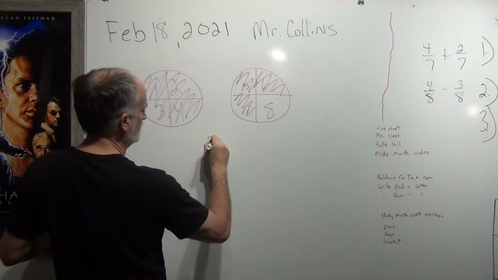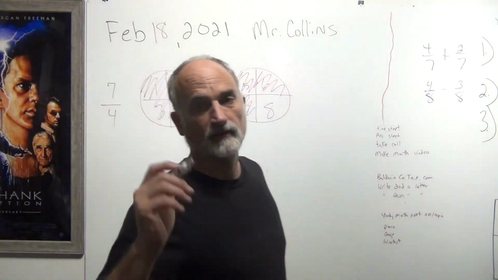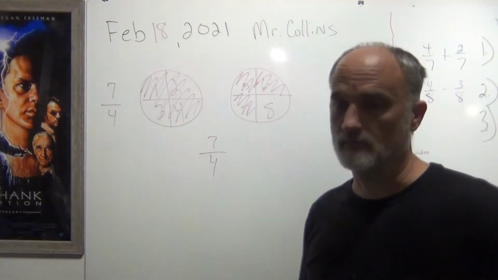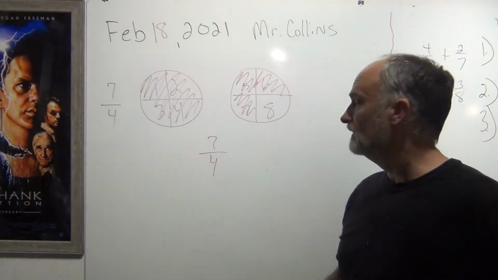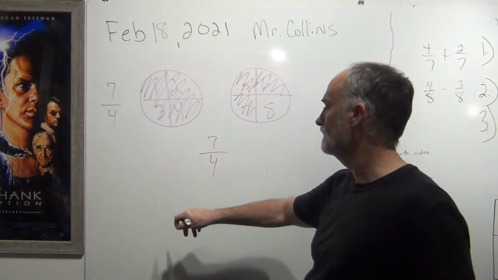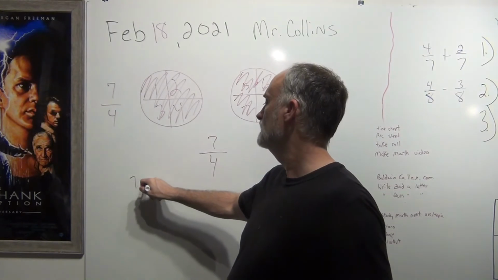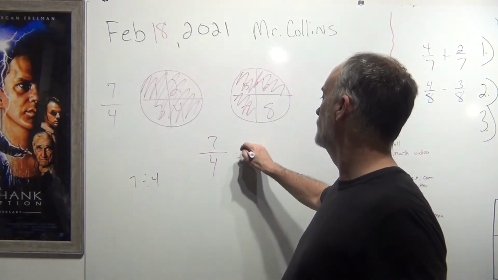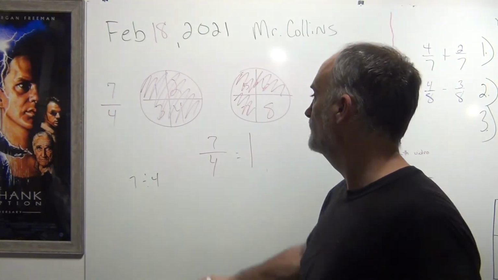So, we talked about, I haven't given you the definition of a mixed fraction yet, but I'm about to. Look at this. 7 divided by 4 equals 1, right? That's that 1 up here.